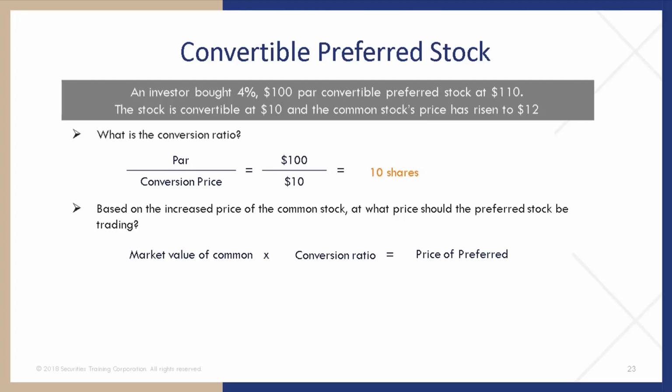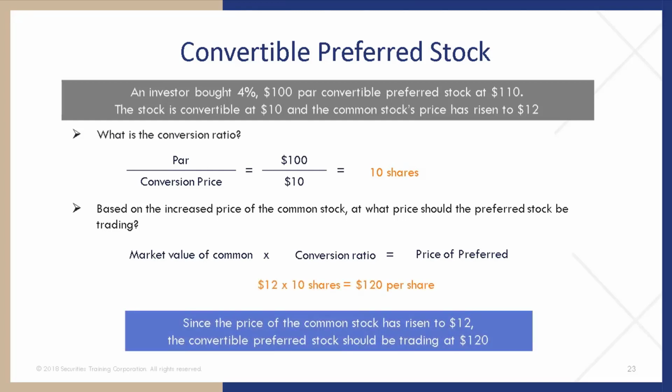That should equal the current price of the preferred. So if the common stock is $12 a share and the conversion ratio is 10, the preferred stock should now be trading at $120 per share. So since the price of the common stock has risen to 12, the convertible stock should be trading at 120.